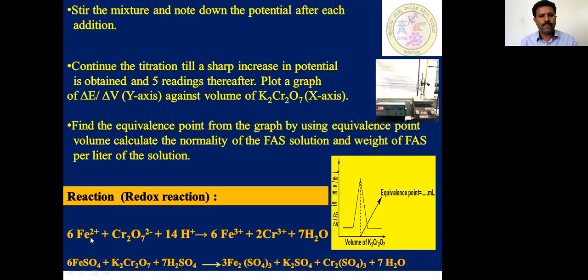So here potassium dichromate is an oxidizing agent and ferrous ammonium sulfate is a reducing agent. So the oxidizing agent potassium dichromate will oxidize ferrous into ferric. So the overall reaction is a redox reaction.